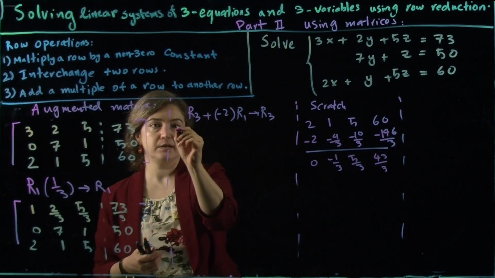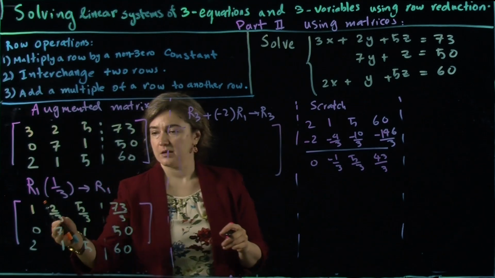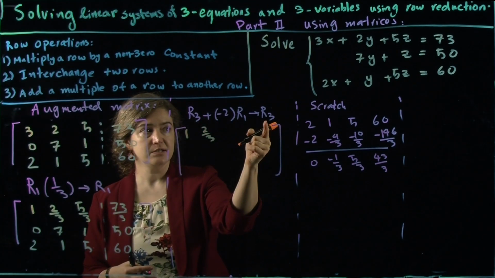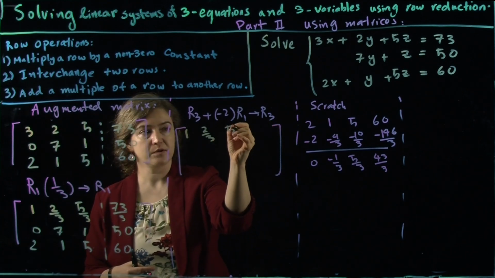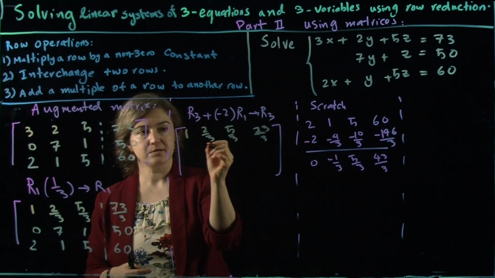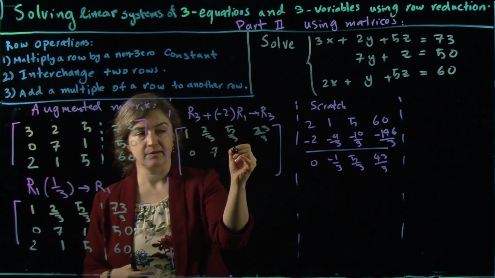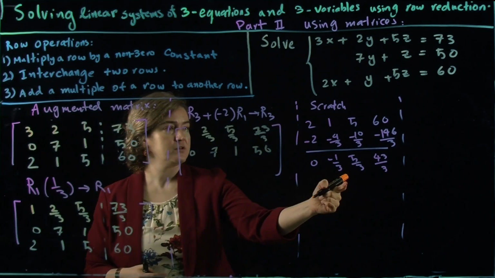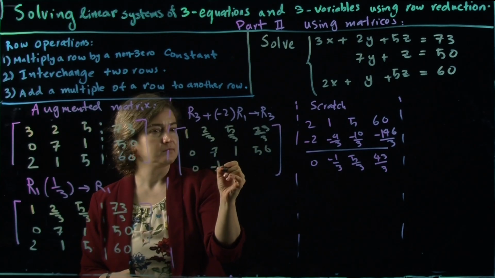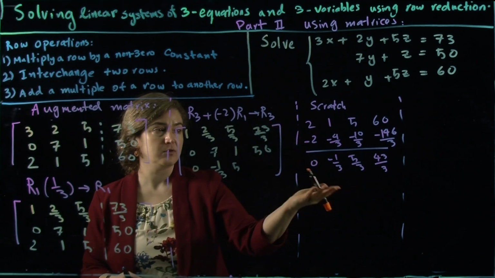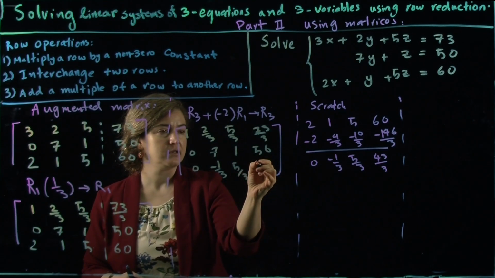Now, rewrite the matrix. Row 1 is not changing. See, the only row that is changing is row 3. And so 0, 7, 1, 50, and row 3 is this one. So this arrow going to row 3 means that the only row that is changing is row 3.